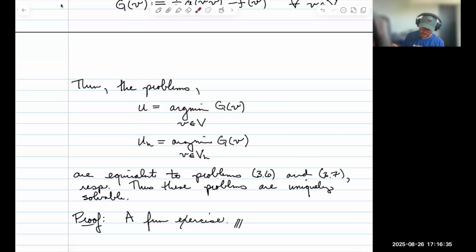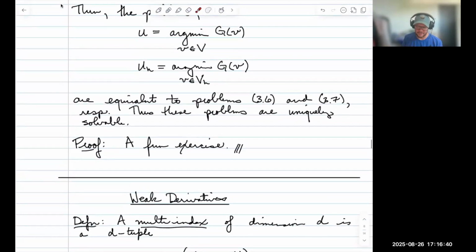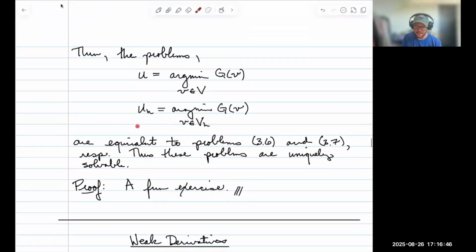In other words, they are uniquely solvable. I'm calling this a fun exercise, even though it's probably not all that fun, but it is at least exactly the same as the proof that we gave previously for the model PDE problem, the model Poisson problem.